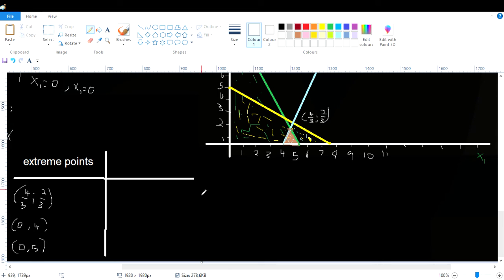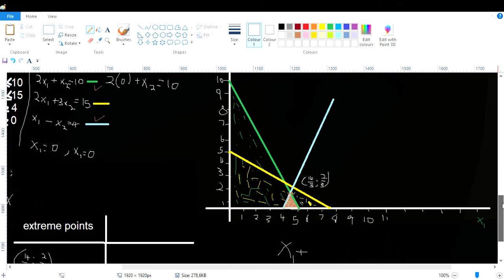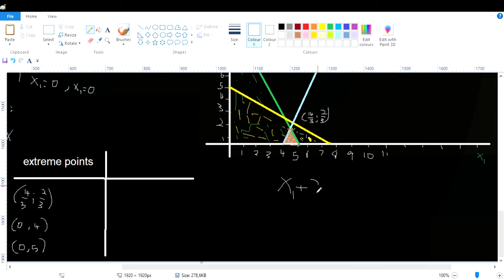Now let's substitute these extreme points into x1 plus 2x2.